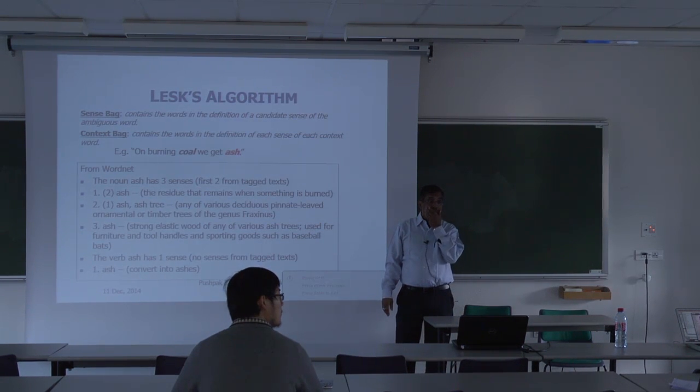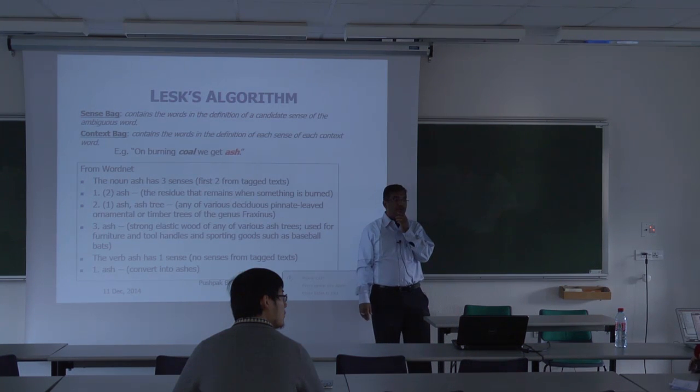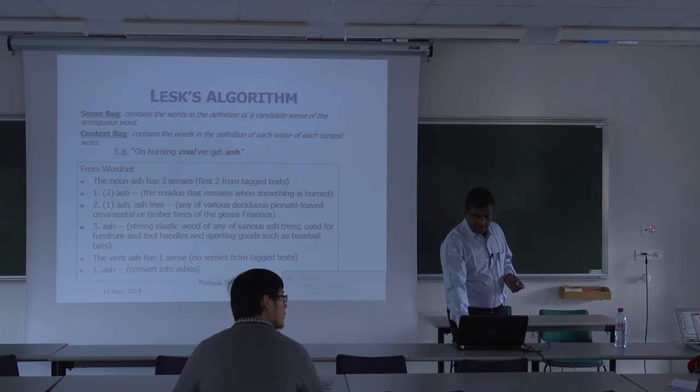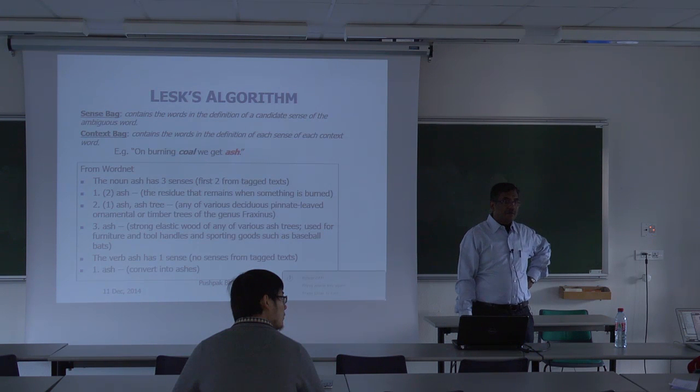I think this is actually not the canonical version of the algorithm, this is a simplified version. But the original algorithm actually considers all overlaps between pairs of definitions of the senses, and then tries to find the combination of selected senses for all words that maximize the sum of pairwise overlaps.